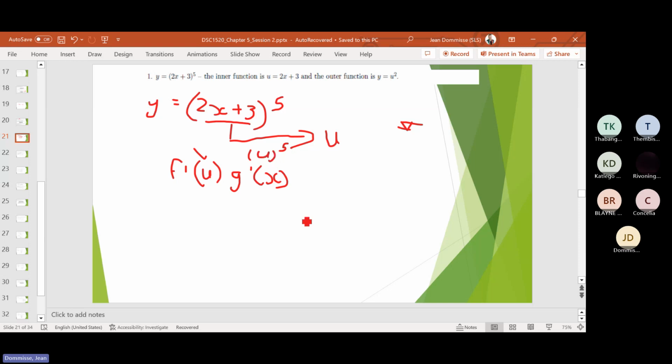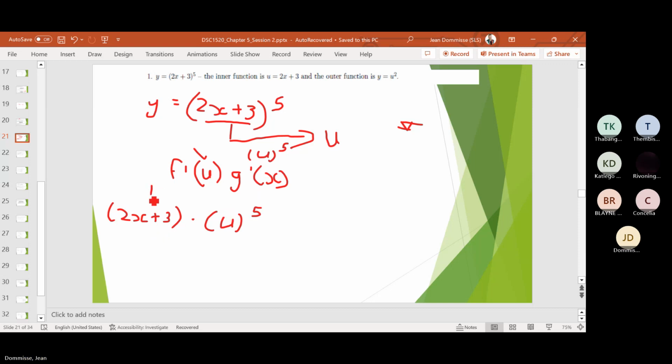So u to the power of 5 we will need to differentiate, and we will also differentiate whatever is within the brackets, 2x plus 3. Okay, so that's the two things that we will differentiate.